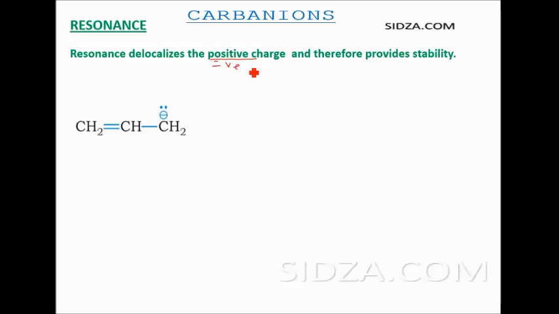Like resonance can stabilize the carbocations, similarly, resonance can also stabilize the negative charge, that means it can also stabilize the carbanion. So the resonance effect is the same for the carbocations and the carbanions.